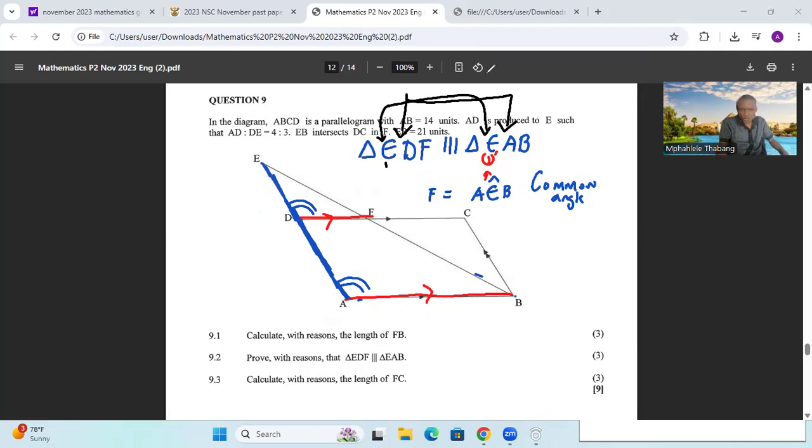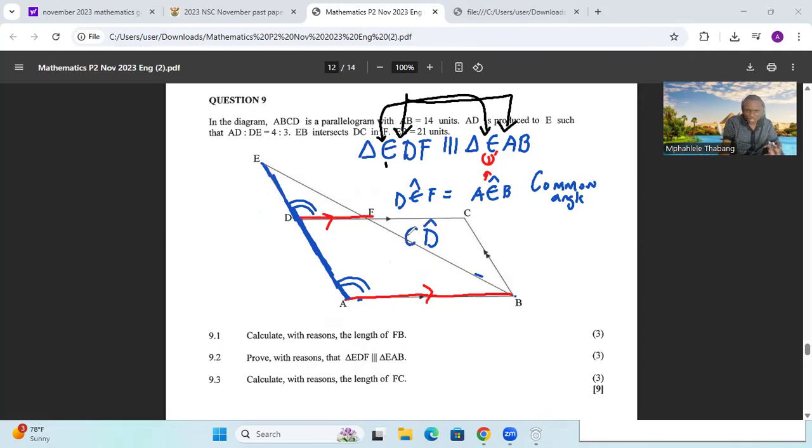So I'm going to say, okay, it was E. Now here I'm going to say the angle D. Sometimes it's important to specify D in which triangle.